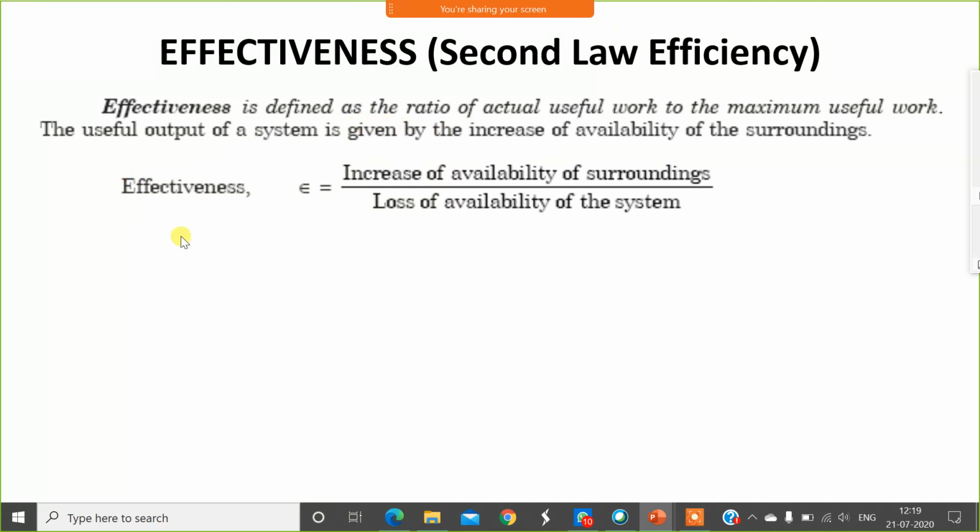Effectiveness epsilon is equal to increase of availability of the surroundings over loss of availability of the system. This is for heat rejected, and when heat is rejected, availability of the surroundings increases and availability of the system decreases.